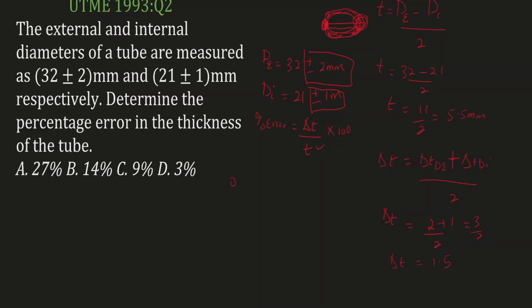Putting that together, percentage error is going to equal 1.5, which is the absolute error, over the thickness itself, that is 5.5, multiplied by 100. Put that into your calculator. 1.5 divided by 5.5 is going to give us 0.2727.